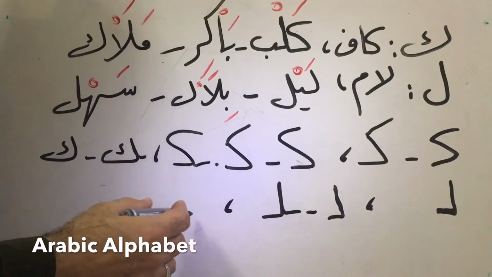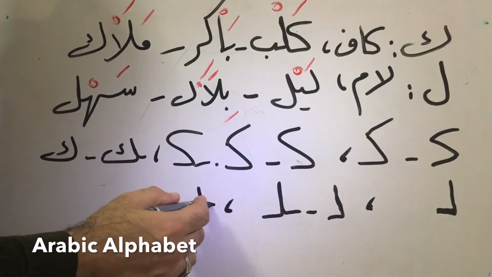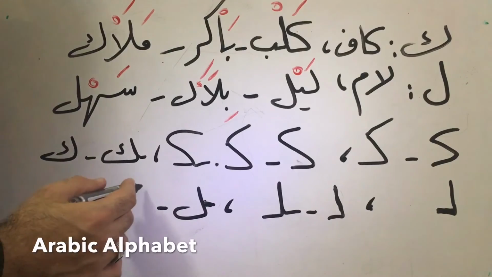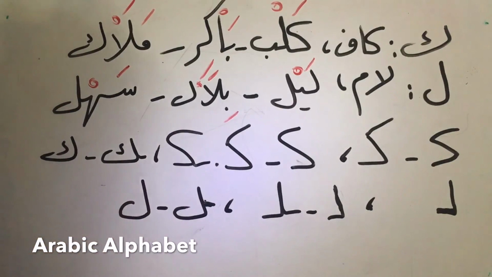At the end of the word, it is either like this, or if there is no hand with the letter before, it is like this. These are the different ways of writing lam.